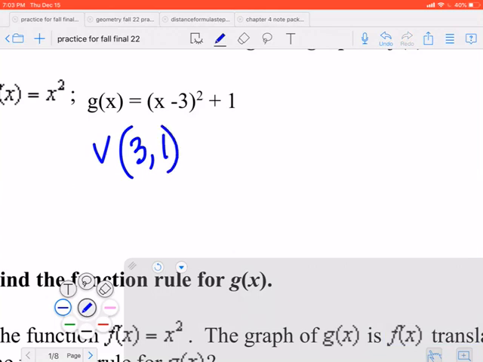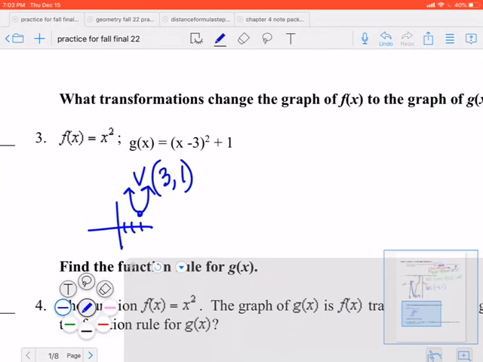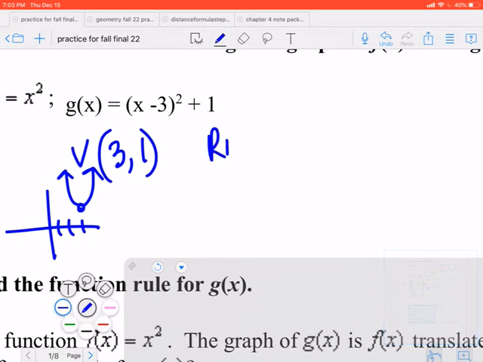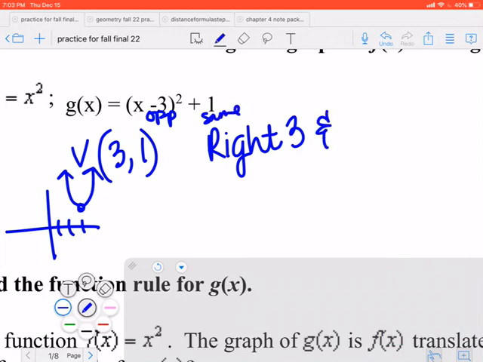The x value tells you left, right, the y value up or down. It said just what transformations. So this graph has gone to the right 3, opposite same, and up 1.